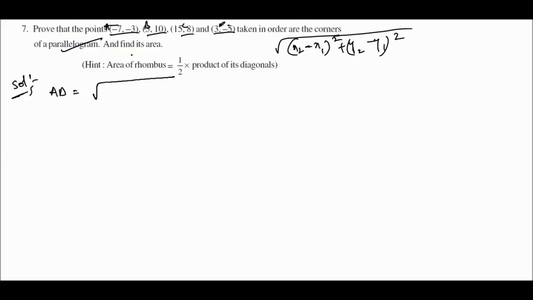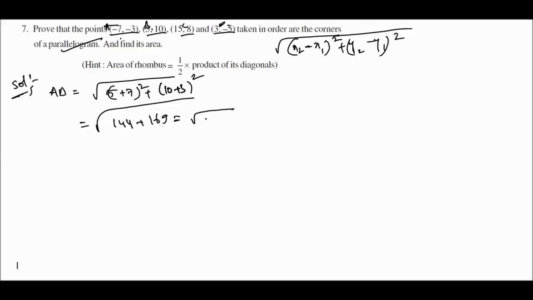AB is equal to under root of (5 plus 7) whole square plus (10 plus 3) whole square, which is under root of 12 square 144 plus 13 square 169, so 313.